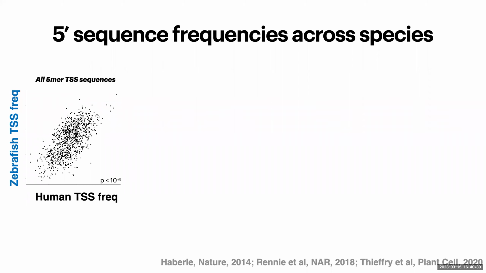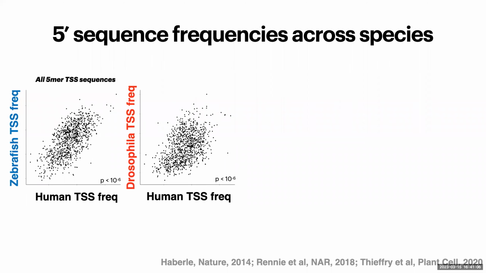And just as a side note, I'm going to use transcription start sites and 5' terminal sequences interchangeably. One refers to the sequence in DNA, the other, of course, refers to the RNA sequence. So these are TSS frequencies used in HeLa cells, compared to TSS frequencies in zebrafish that are assayed by the same method. And what you can see is that there's a really striking correlation.